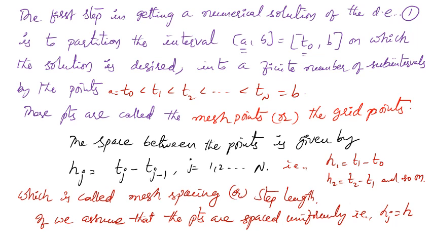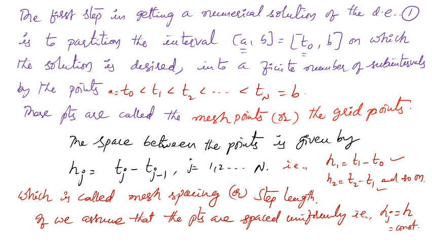The differences t1 minus t0, t2 minus t1, everything is h. That means the data points are equally spaced. hj equal to h, a constant, for all j.